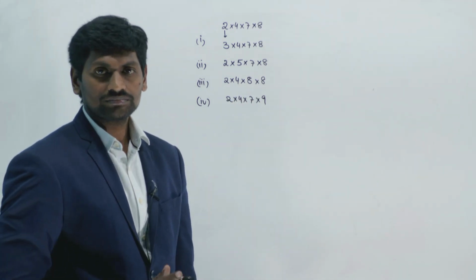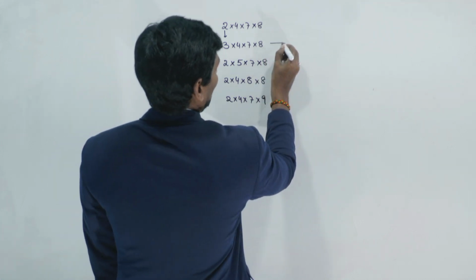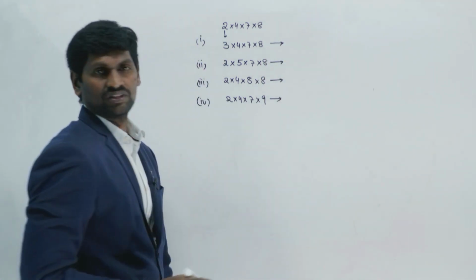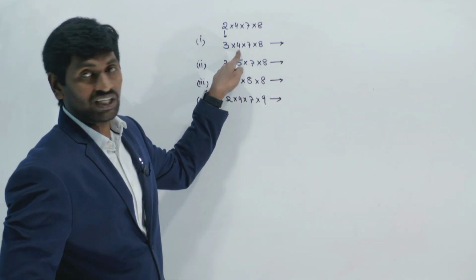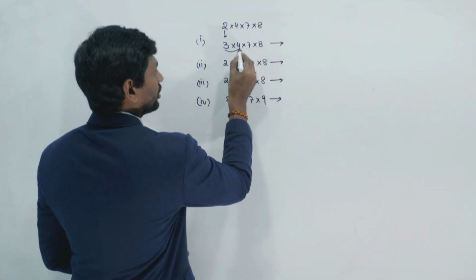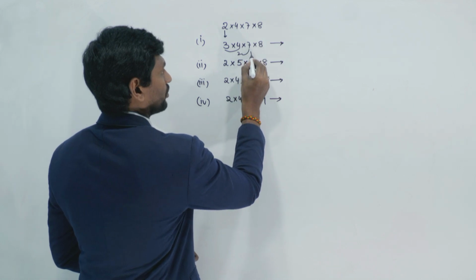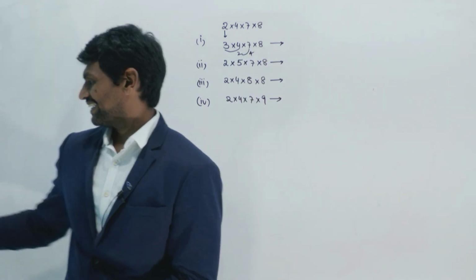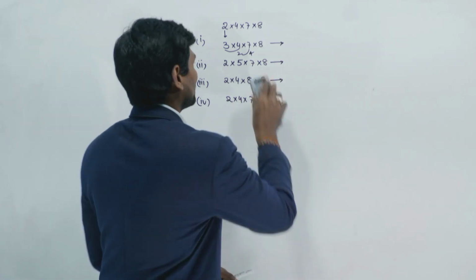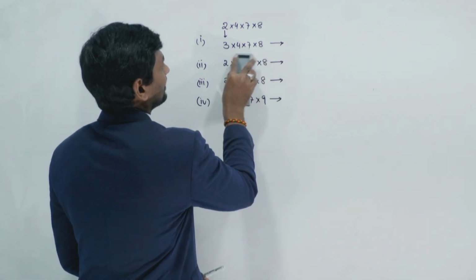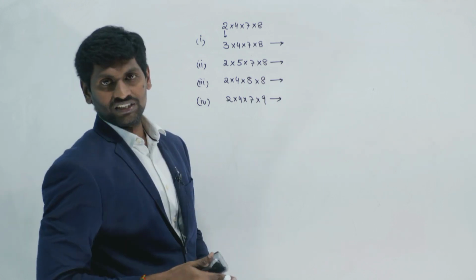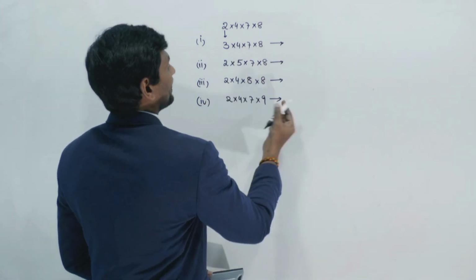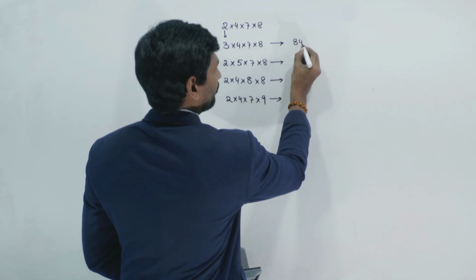Now let us identify the units place digits. 3 4s are 12, that means 2. 2 7s are 14, that means unit digit 4. Okay, don't be confused, let us check. 3 4s are 12, now multiply all of them. 12 7s are 84, and 84 into 8.